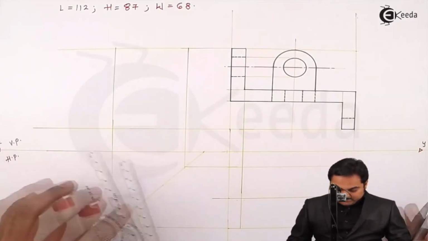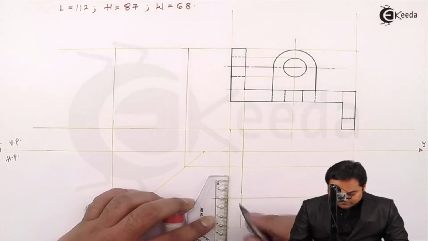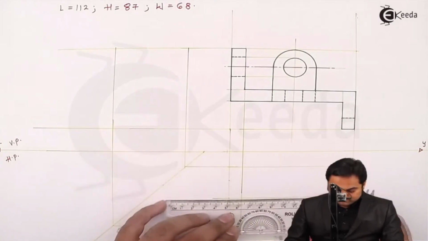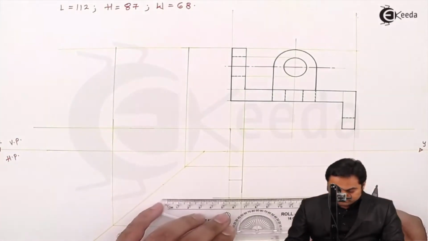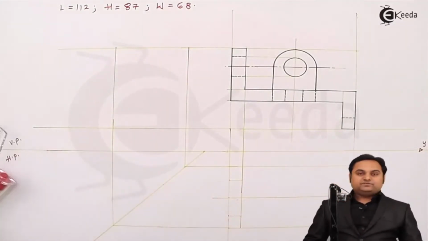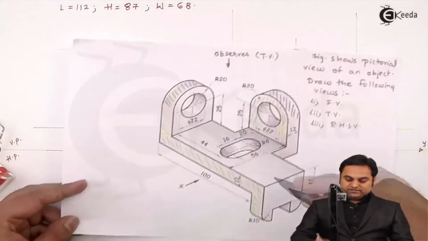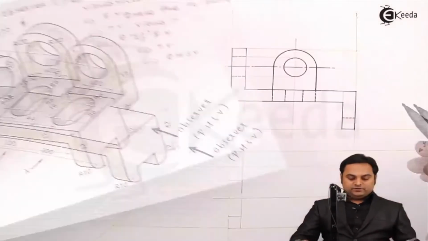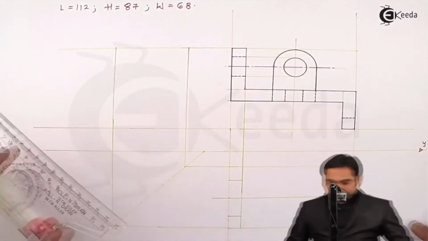So taking 20 mm on one side, 20 mm on the other side. So this is the plate as visible from the top. Next, there is another semicircular plate. This is also visible. So here I have that plate in the front view, projecting it light in the top view.